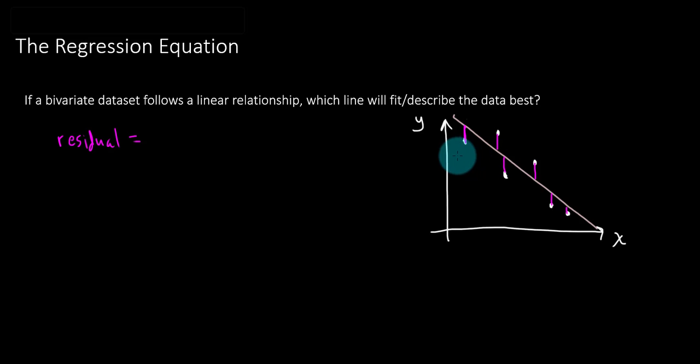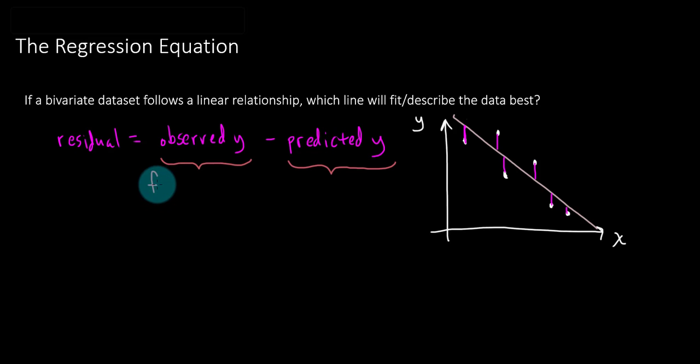Now it's a vertical distance. So this is a change in y values. And it's between the observed y value and I'm going to call it the predicted y value. The observed y is from the data, and the predicted y is from the line.